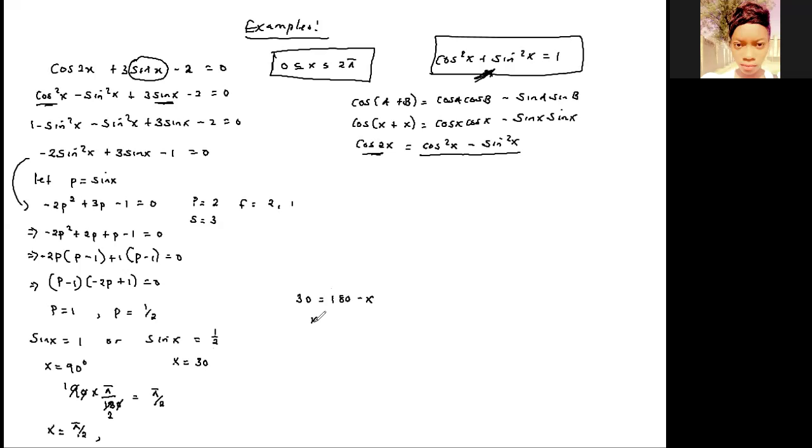So x is going to be 180 minus 30, which is 150. Now we need to convert this also to radians. So 0 there goes, 3 here, 1, 3 in 18, 6. So the other value of x is pi over 6.